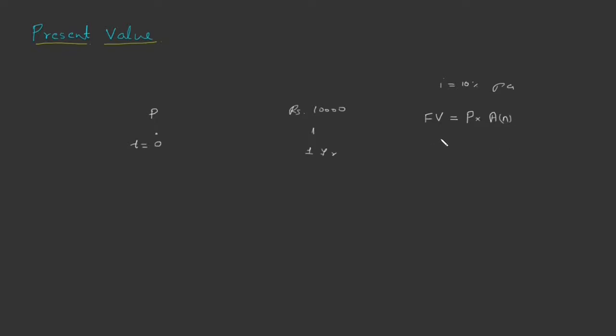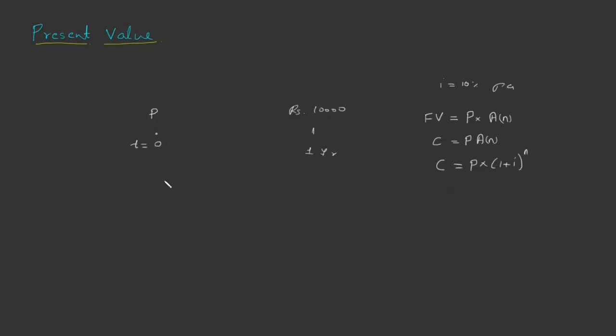In some cases, it is denoted as C equal to P into AN, where C is the future value. Now, if it is a compound interest case, then I can write C equal to P into (1 plus i) the whole raised to n. What this means is that if I deposit or invest a principal amount P for n periods with compound interest i, then it will accumulate to an amount C, that is equal to P into (1 plus i) the whole raised to n.